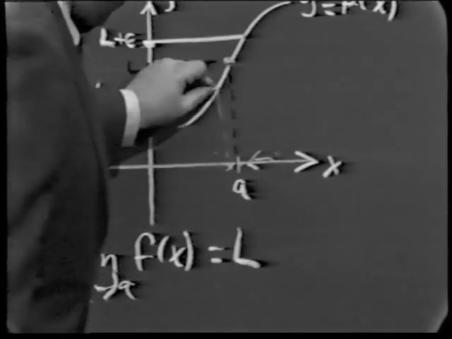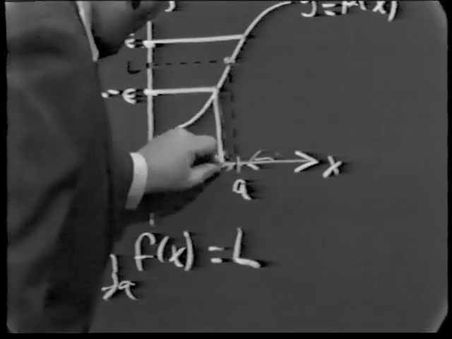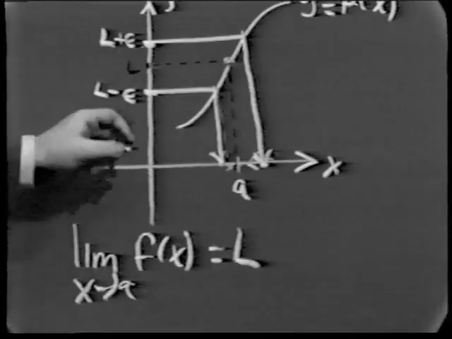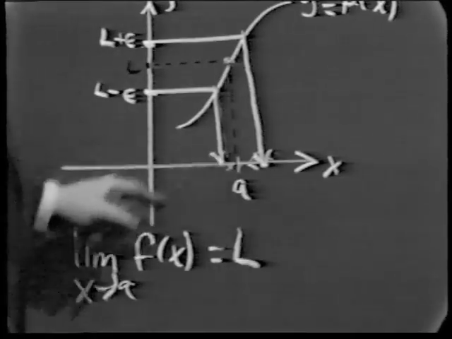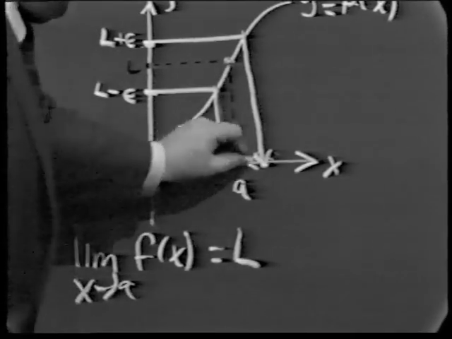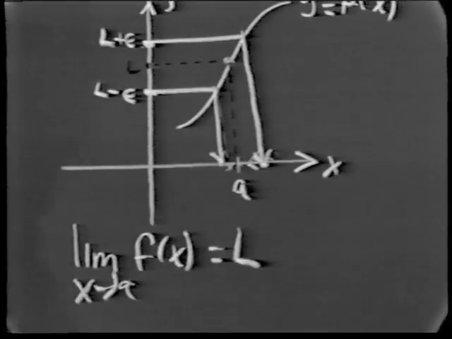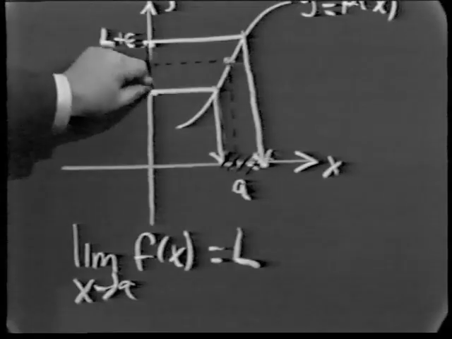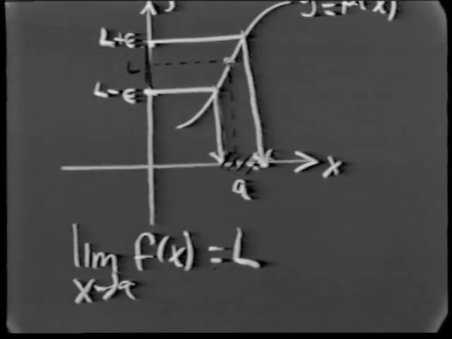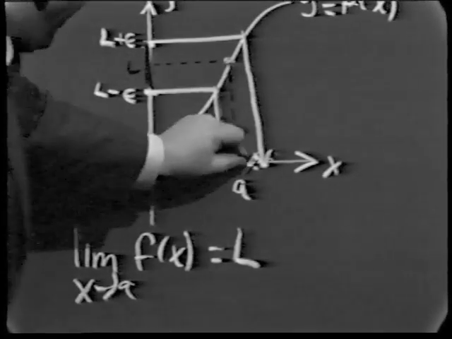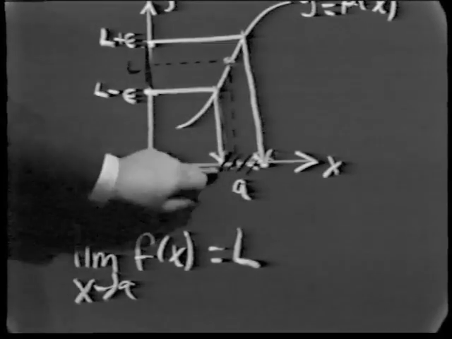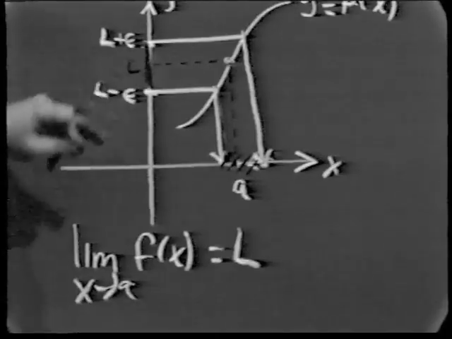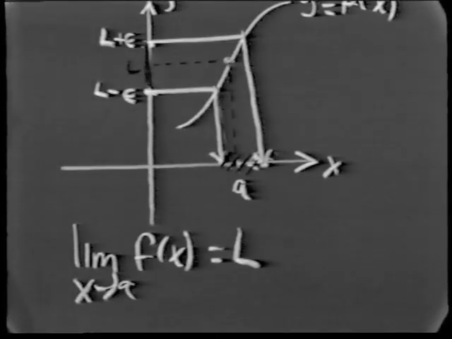When I get down to here, I then project down vertical lines to meet the x-axis. And now all I'm saying, and I think this is fairly intuitively clear, is what? That if x is this close to a, f of x will be within these tolerance limits of L. In other words, for any value of x in here, see, for this neighborhood of a, every input has its output come within epsilon of L.